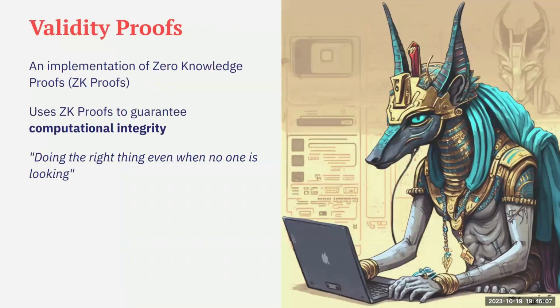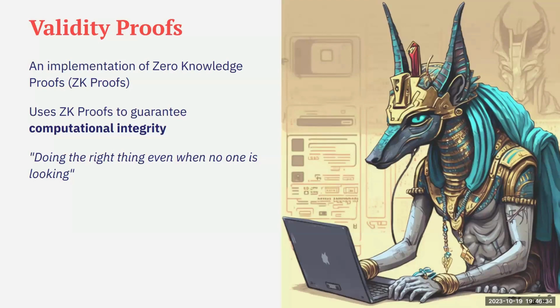L1 refers to, let's use Ethereum, as Ethereum is an L1, right? While L2s are layer twos. Layer twos are off chain, right? They are somehow dependent on layer one, but layer twos are off chain solutions, like off chain blockchains, to help scale layer one, right?